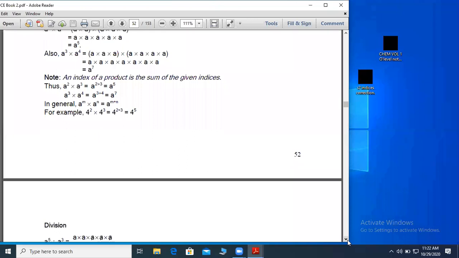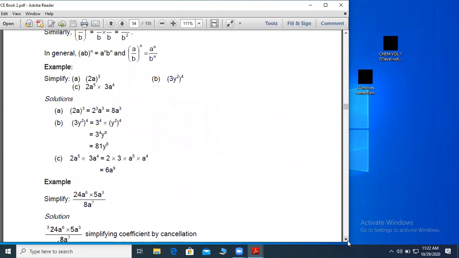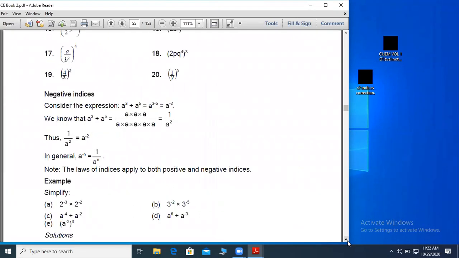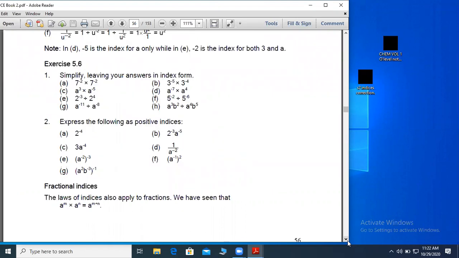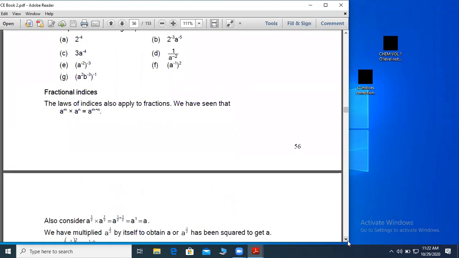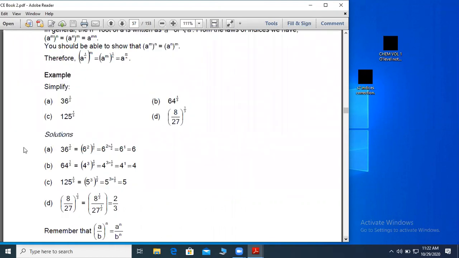So page 52 is here, and last time we had stopped at page 57. This is where we stopped.